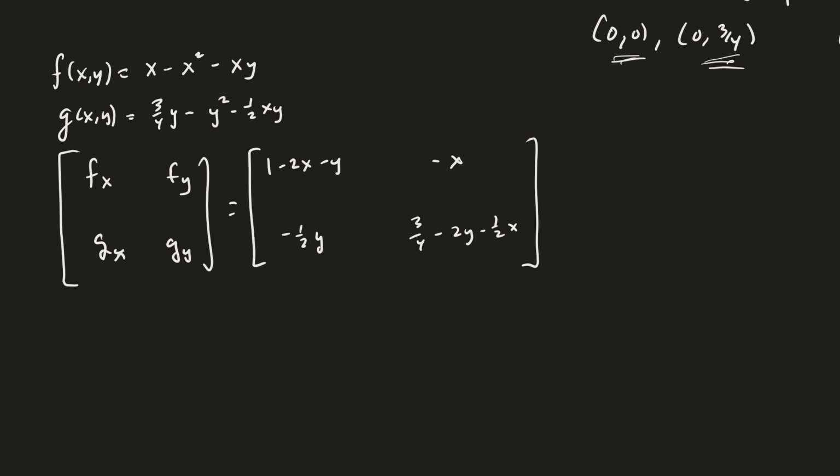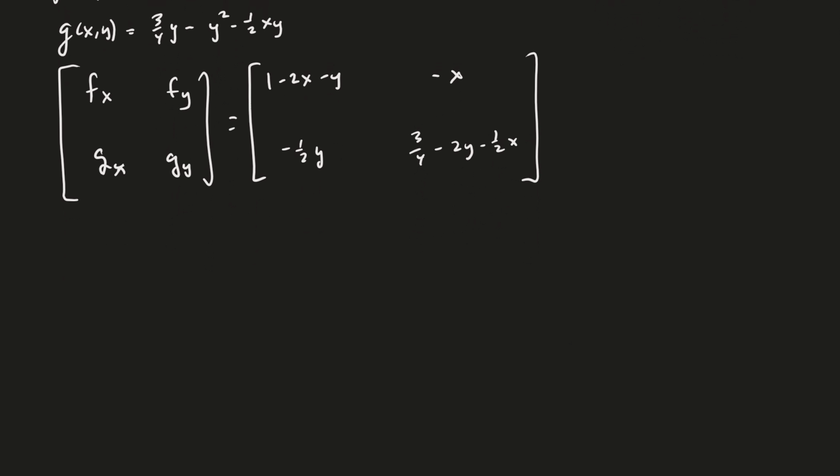Good. And now we plug in our points. So at the origin, and then we'll see what happens at (1, 0) maybe next, and then at (0, 3/4), and then at (1/2, 1/2).